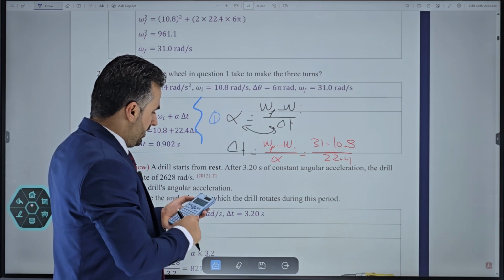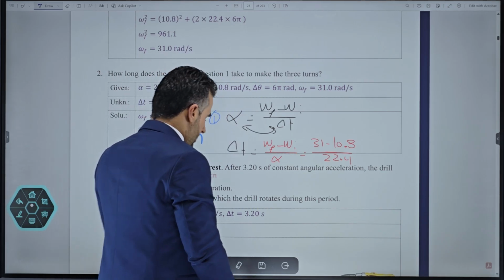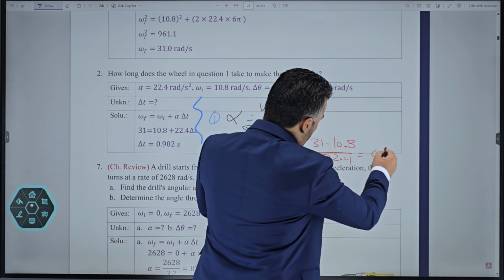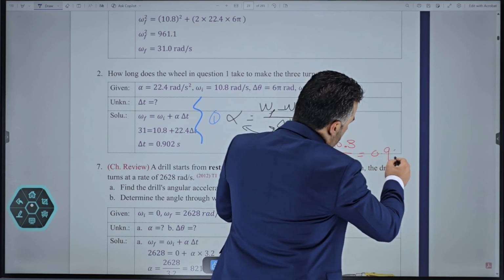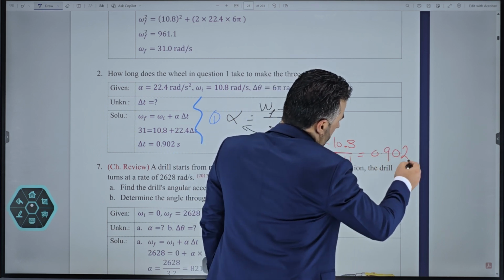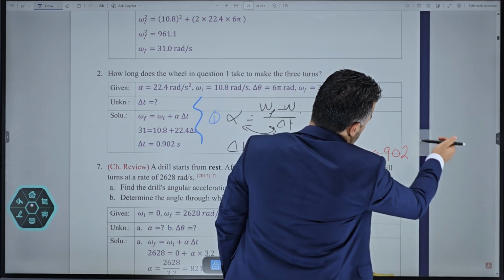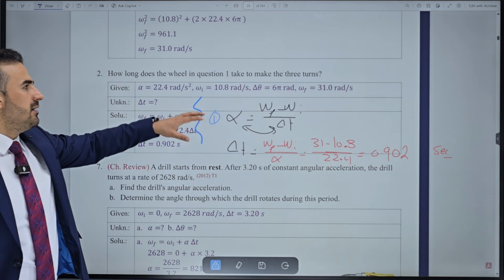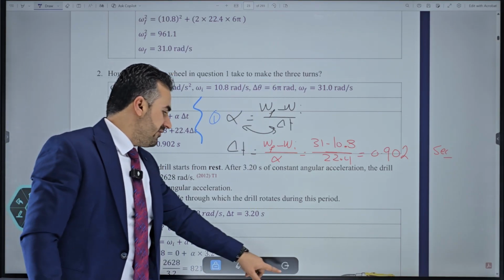The answer is going to be 0.9, and if you take some other digits, it will equal 0.9017. By rounding, that is going to be in seconds, because this is the time. This is how long it takes. Pretty easy. Of course, that is related to the previous question.